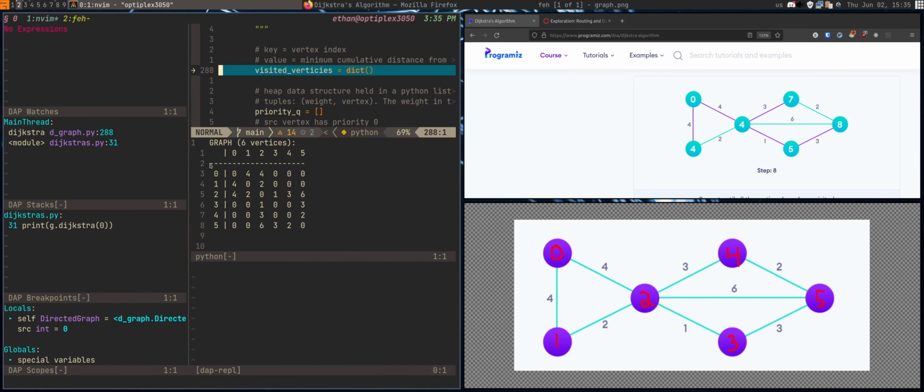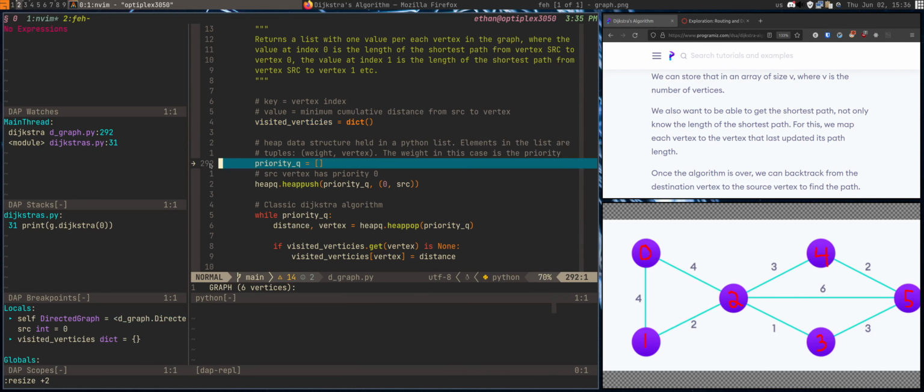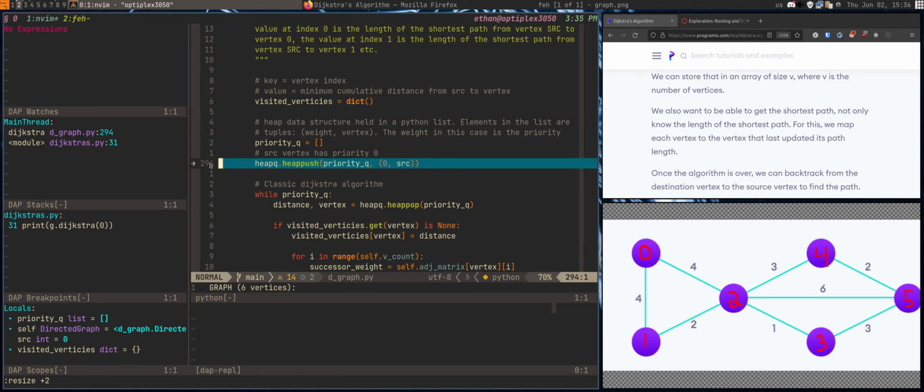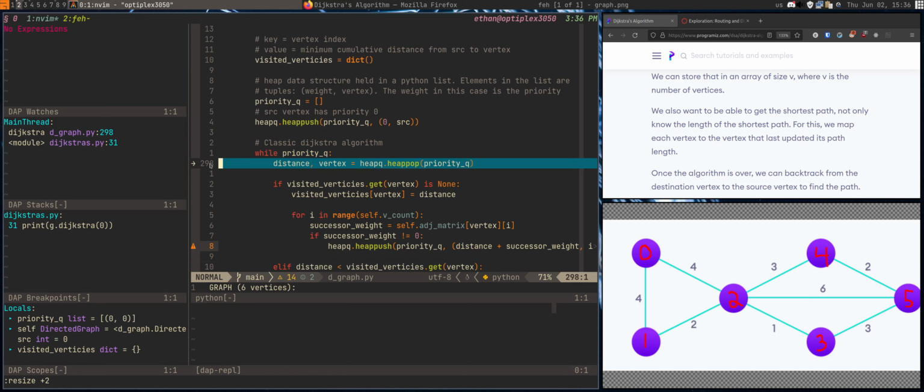We start with our visited vertices here, and we're going to create a priority queue for all of the neighboring vertices of our source, which we're starting out as vertex 0. We're going to put it into the priority queue, and we're going to continue iterating over our graph until we have visited every single vertex. So we're first going to take our first thing out of the priority queue, which is source 0 here.